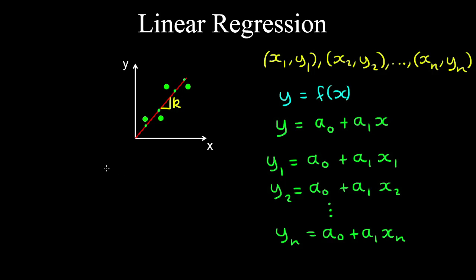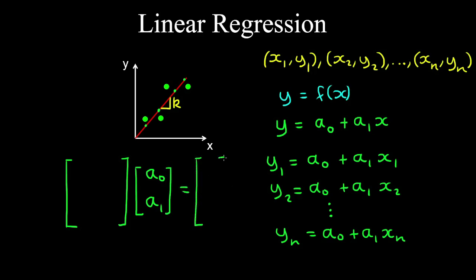So we can write this in matrix form. So we'd have some matrix multiplied by those constants is equal to the y vector. So in the first equation, we'd have a0 plus a1 by x1 is equal to y1.